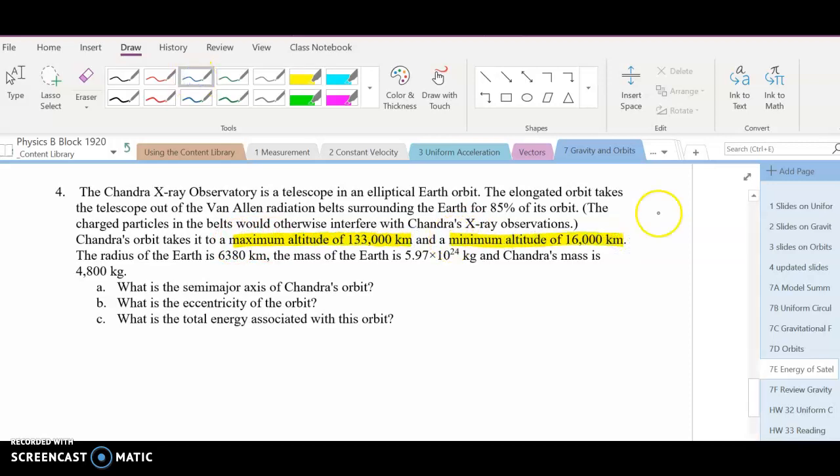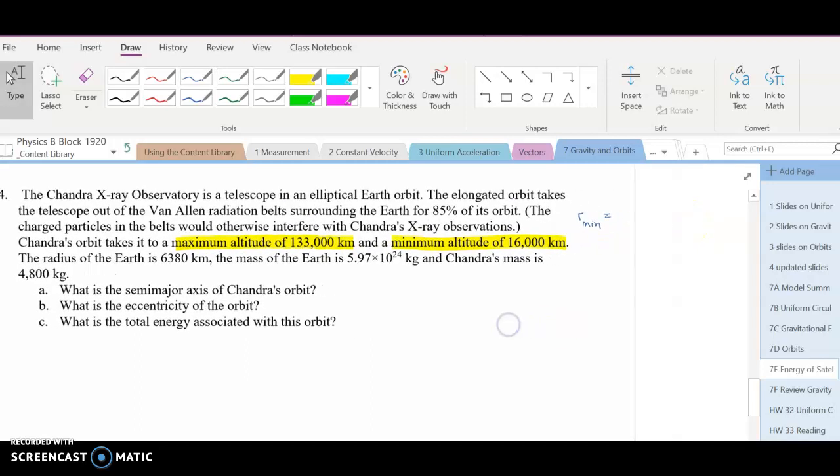So what that's telling me is that the R min is the radius of the Earth plus that 16,000 e to the third meters, right?